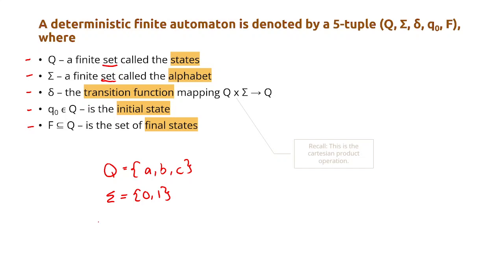So ang Cartesian product sa Q and sigma, Q times sigma, is equal to we have A0, then we have A1, we have B0, after that natay B1. Next we have C0, then C1.